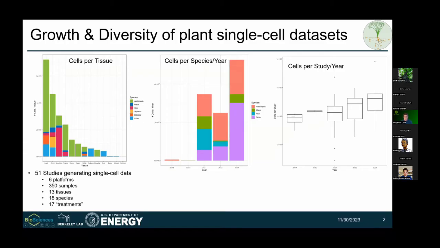This encompasses 6 different single cell sequencing platforms, over 350 samples, a variety of tissues and species, as well as treatments. So I think it's really important to get a standard for how we report our data and metadata now, rather than wait another few years when we're so saturated with poorly annotated data that it's going to be impossible to catch everything up to a future standard.